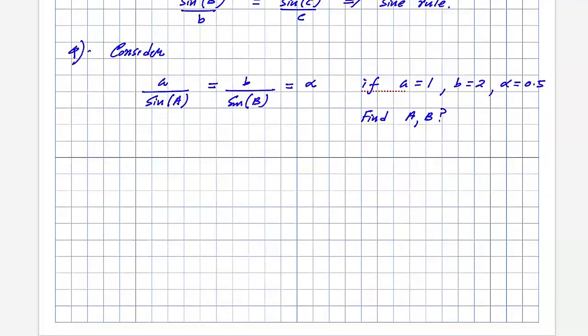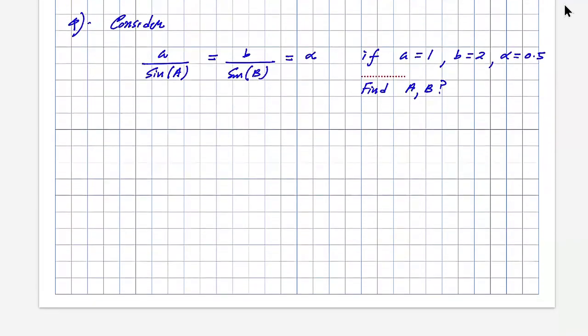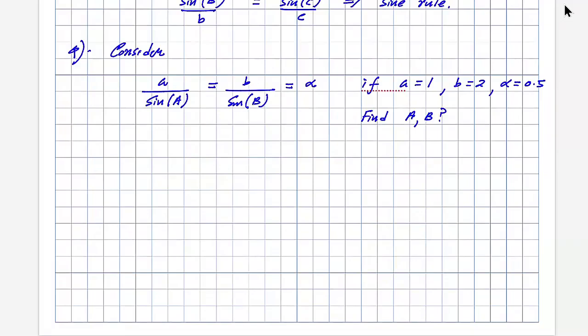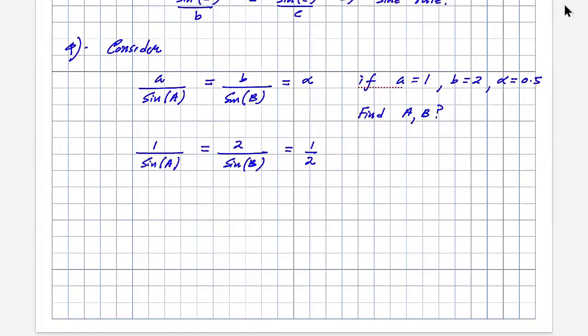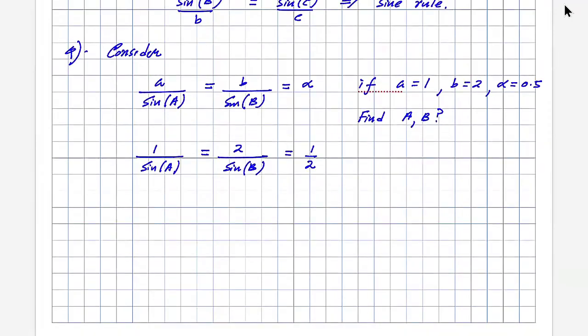How do you do that? Look at the board, guys. a value is 1, sine A. b value is 2 here, that's going to be sine B. Alpha value is 0.5, which is half. I'm going to write that as half. Now you have to understand, three things are equal to each other.